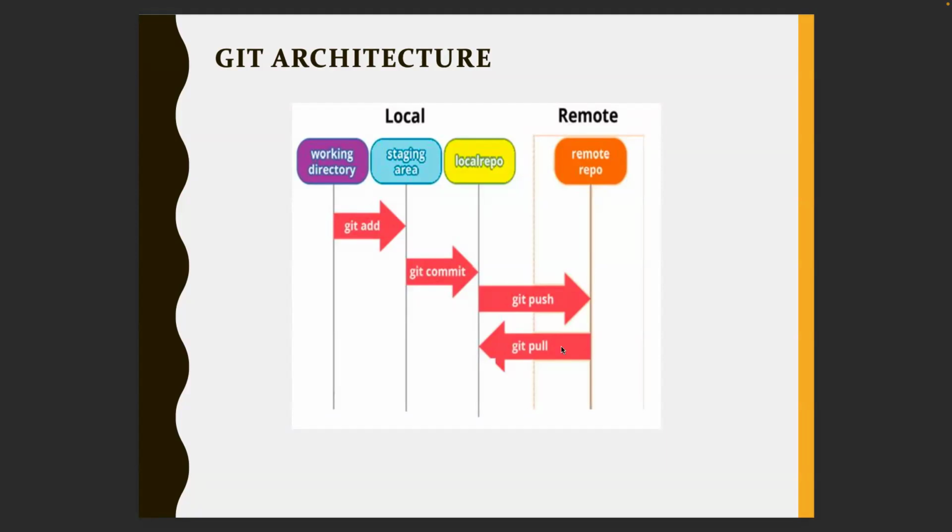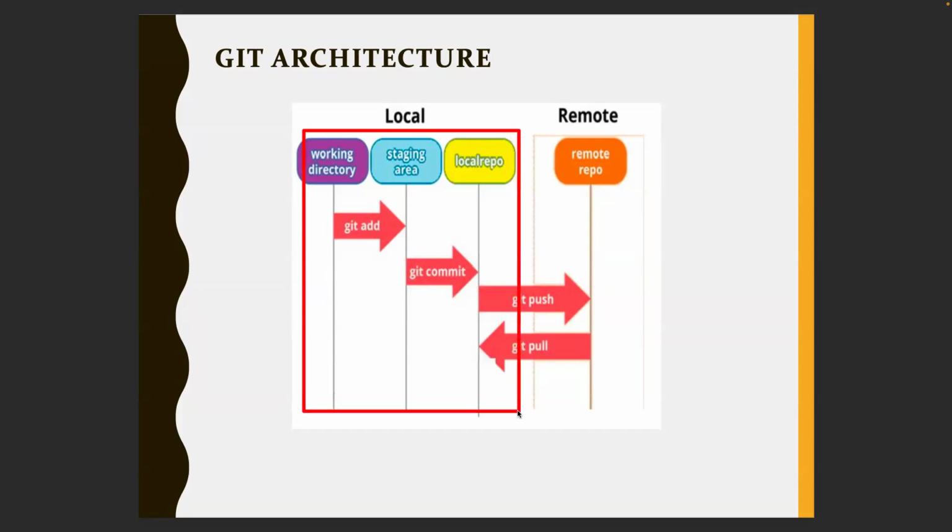If it's in the working directory, next it should go to the staging area, then to the local repository. You should have this kind of clarity. And just a reminder, as of now, we are in this part.